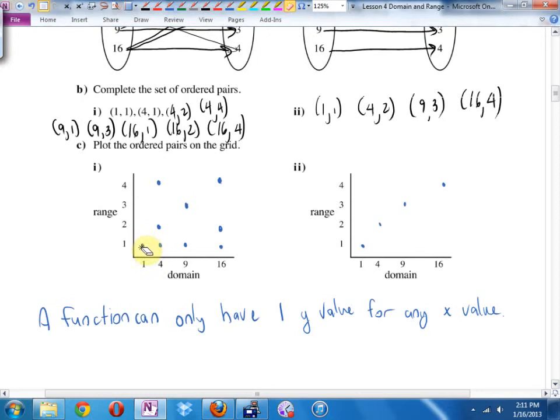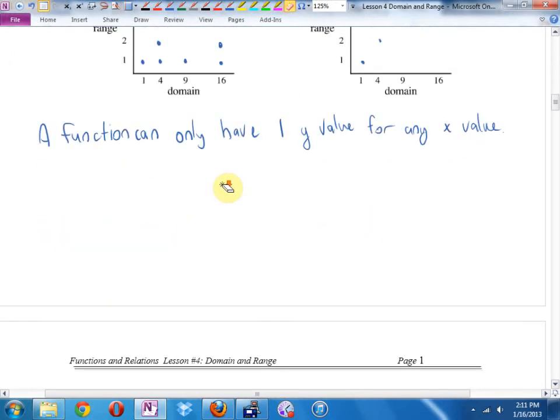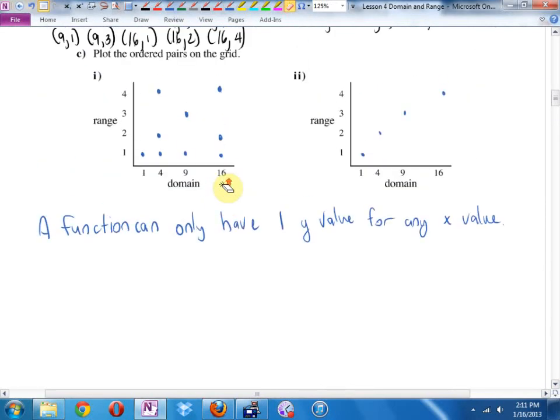This is okay, one only has one y value, but here you got more than one, here you got more than one, here you got more than one. Graph 1 is not a function.